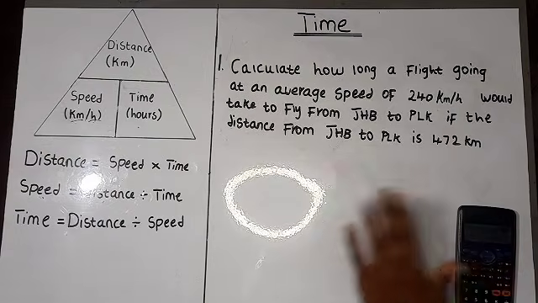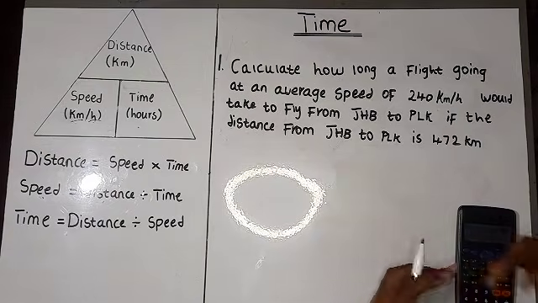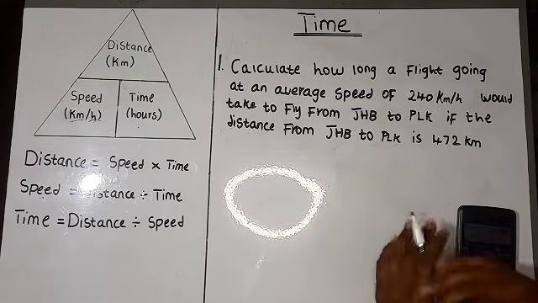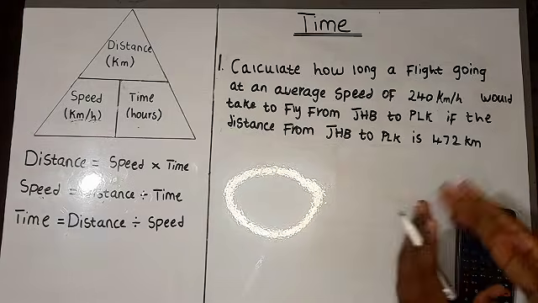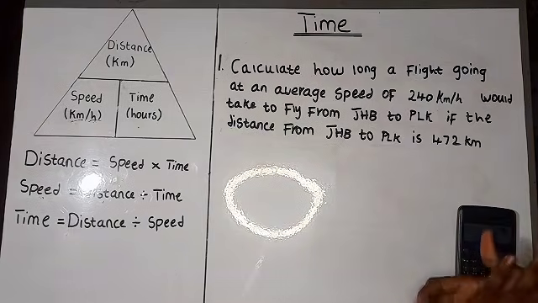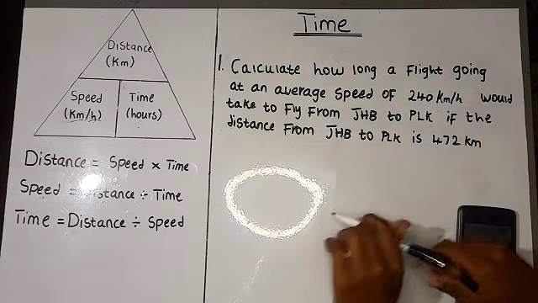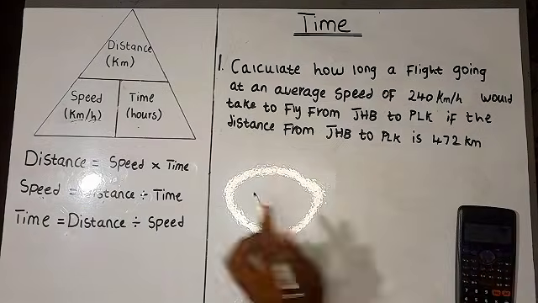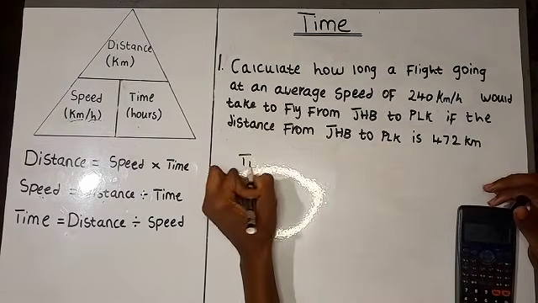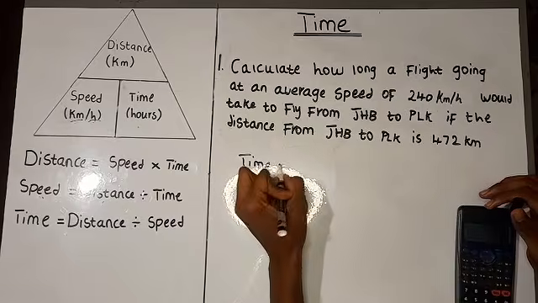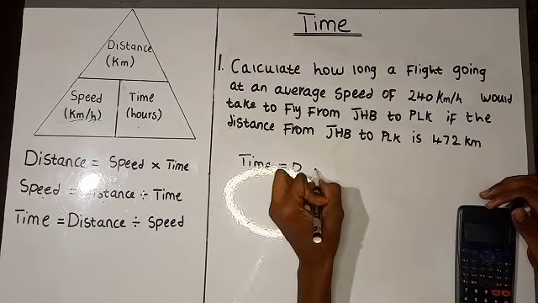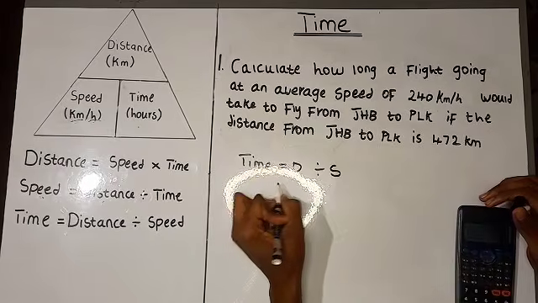There is nothing confusing or complicated about the question here. The question is straightforward. They tell you what to do, so you just have to take the formula, substitute, and get the answer. So we're calculating time. Time equals distance divided by speed, right?